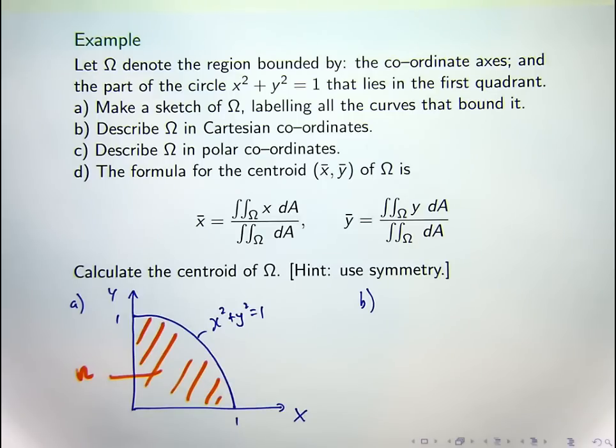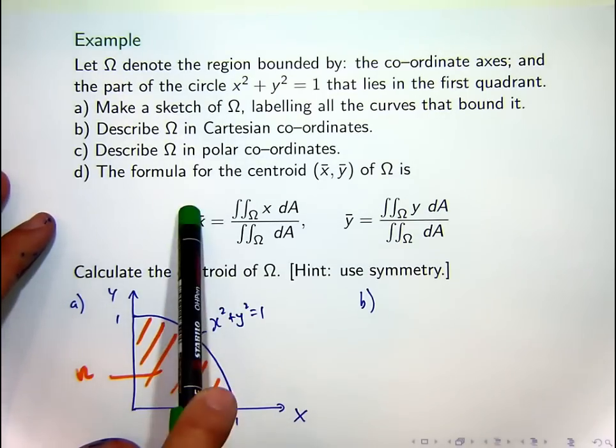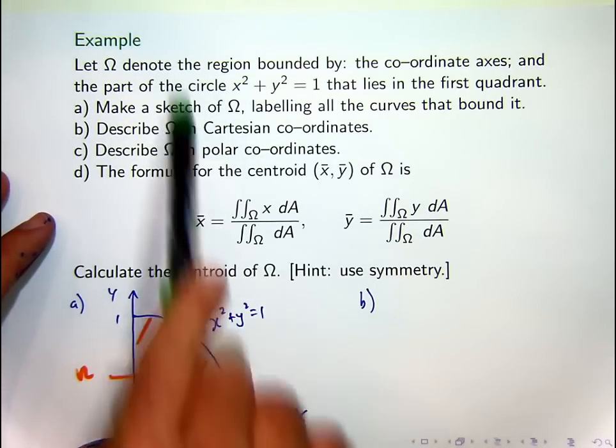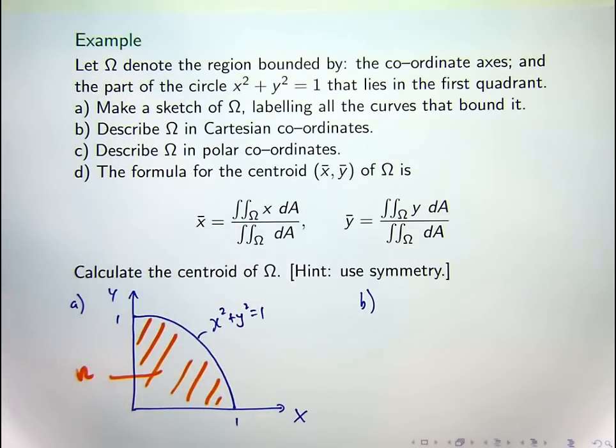They're your bounding functions. And then move the line up and down the y-axis. Or you can use a vertical line. So draw a line starting down here, going up through the region and ask, where does that line enter the region and where does it leave the region? And then you move it from left to right to get your inequalities on your x variable.